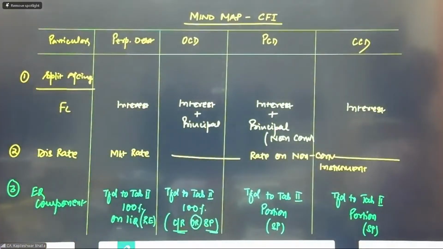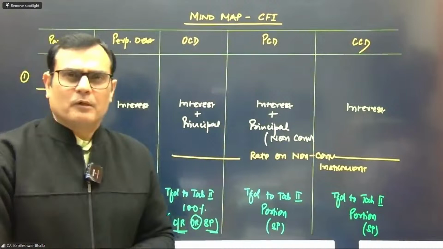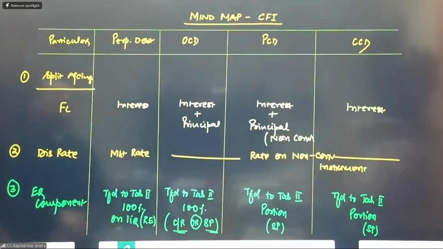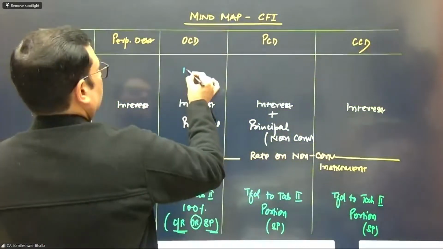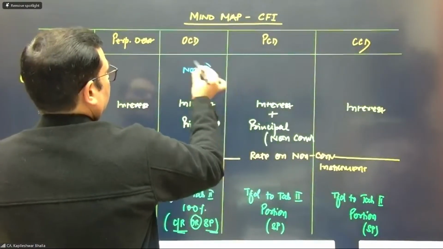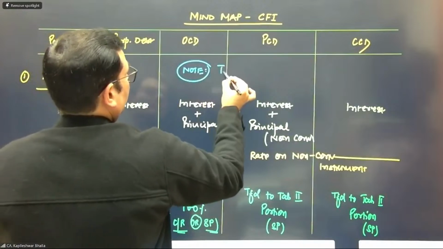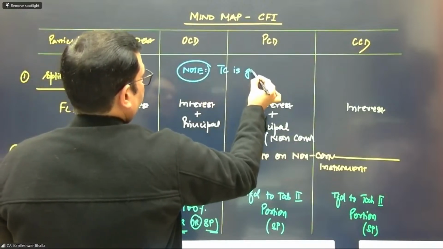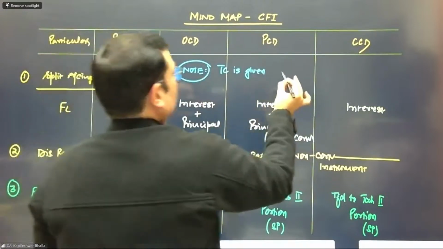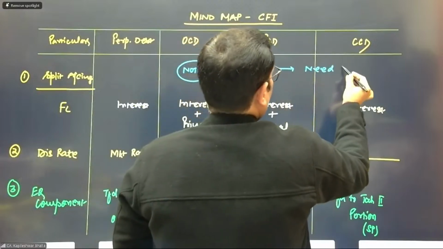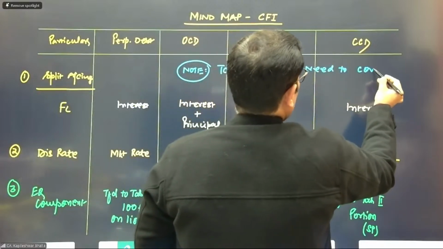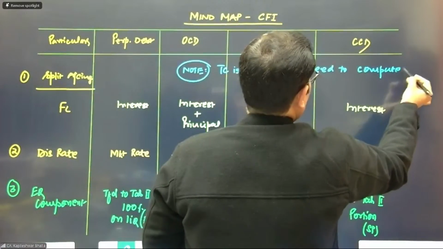Anything else which you want to add in terms of this mind map? I'm not putting TC here, but I'll just put it in the journal. As far as the TC is concerned, I'll put the input as a separate note: if a TC is given, we need to compute a new discount rate.